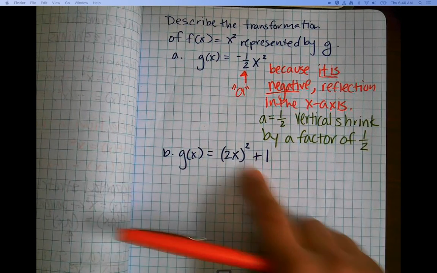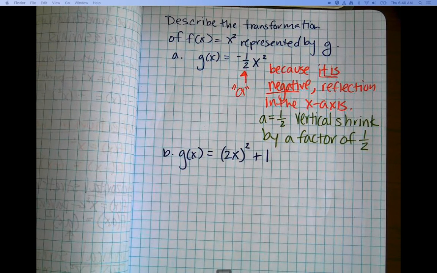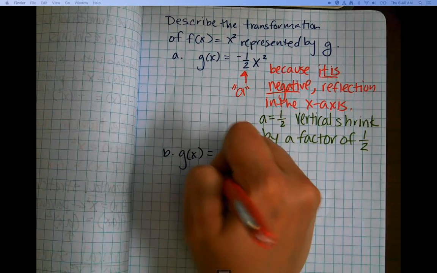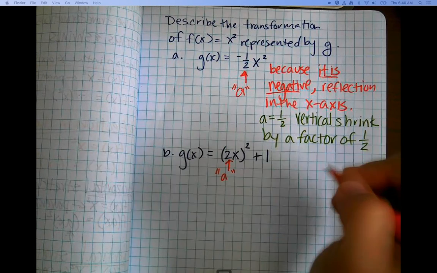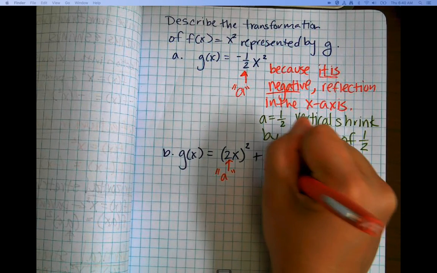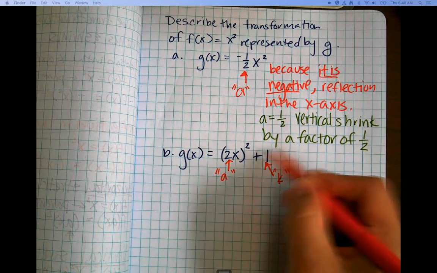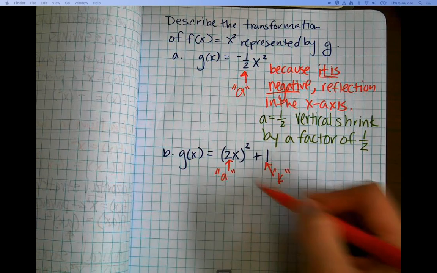It has this plus 1, which is what we did yesterday. Okay? So things you need to notice is that this is working as a, and this is working as k. And again, we did this one yesterday. So if you missed class, you need to go back and watch it.